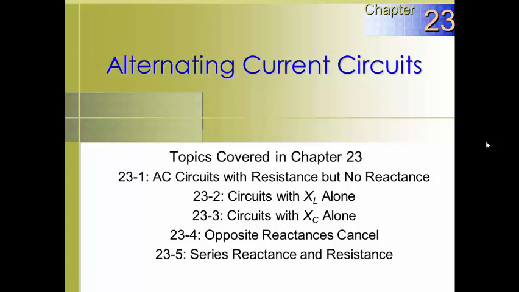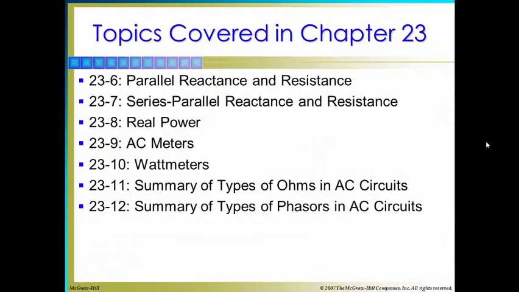And then we look at the series reactances and resistances, and then the parallel reactances and resistance circuit, and toward the end of this section we talk about the series parallel reactance and resistance.